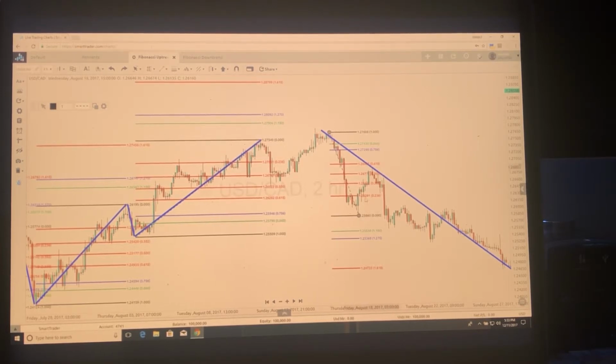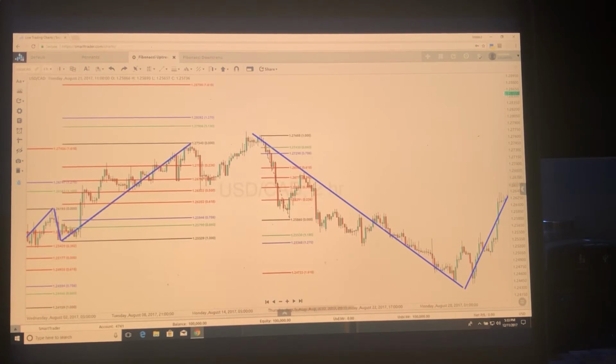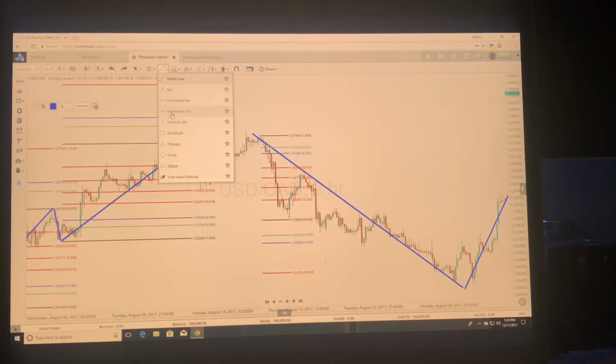Now here the market retraced back, straight back to a 5-0, and then it goes down to a 1.618 D extension.